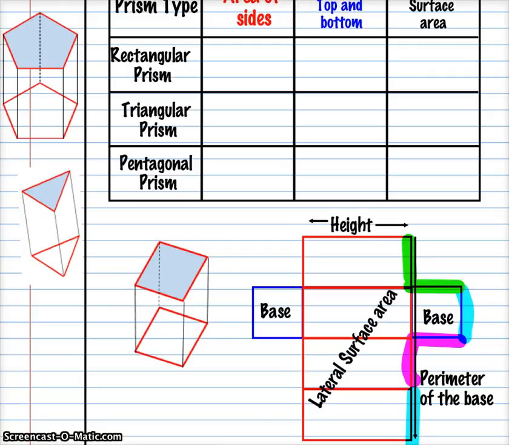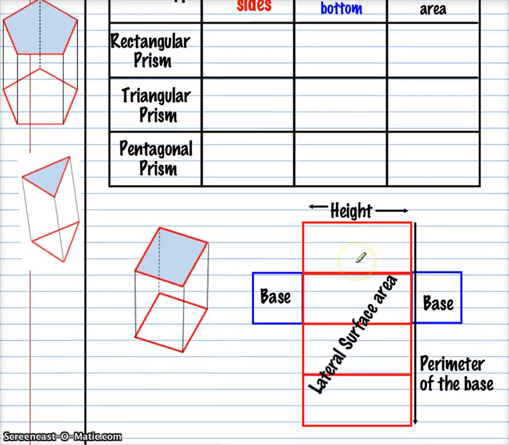And this last part on the base and on the lateral surface area is the same spot. So green, green, blue, blue, pink, pink, yellow, yellow. If I add up all around this square, it should be the length of this side.